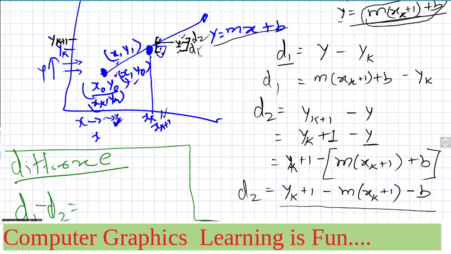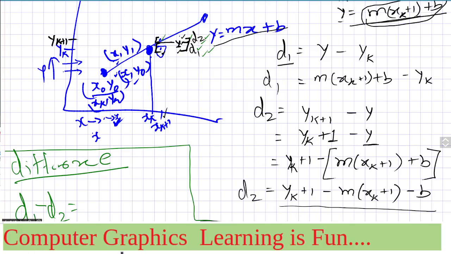I am subtracting d2 from d1. Differentiating is not a good word. Now what do you think? I am subtracting d2 from d1 and I am getting something positive, which means d1 was bigger. So if d1 was bigger, then it means that y is nearer to yk plus 1, isn't it? In that case, yk plus 1 should be chosen.